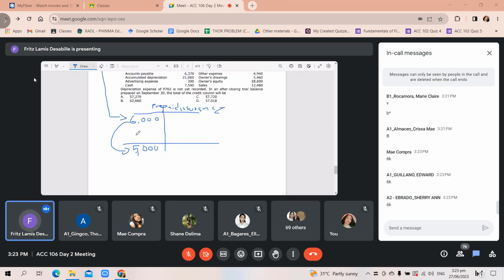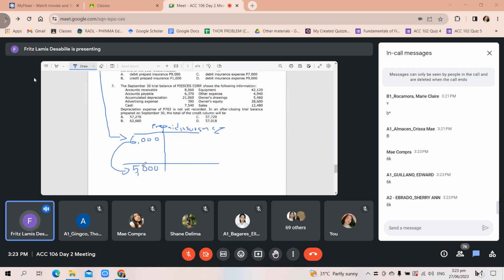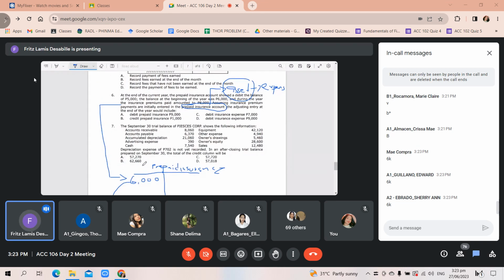So unsa pang mga transaksyon nga maka-effect sa atong prepaid insurance? During the year, insurance premium paid amounted to how much? 8,000. So nagbayad tag 8,000 insurance premium. Unsang entry nato sa prepaid insurance? Initial, sa pagbayad nato sa 8K nga insurance, di ba, during the year nagbayad tag 8K nga insurance.